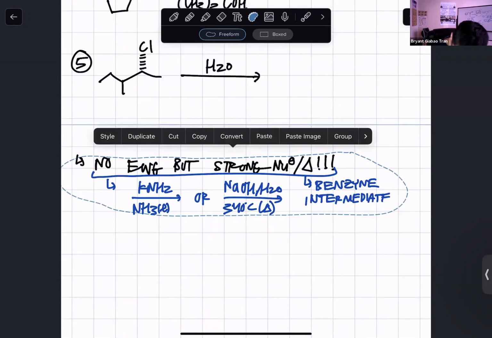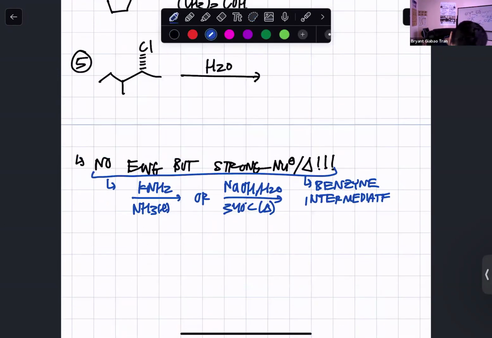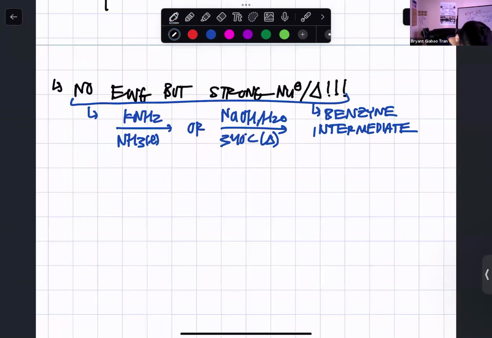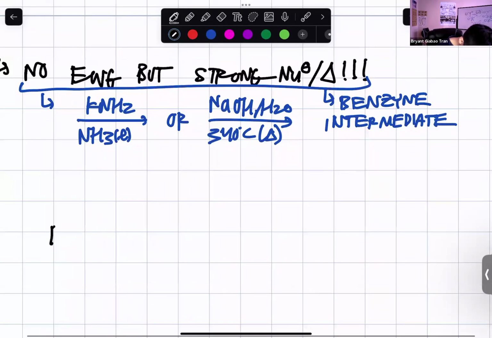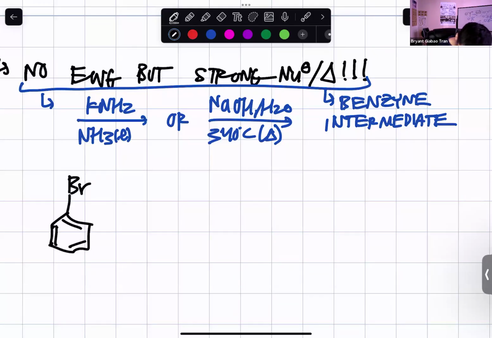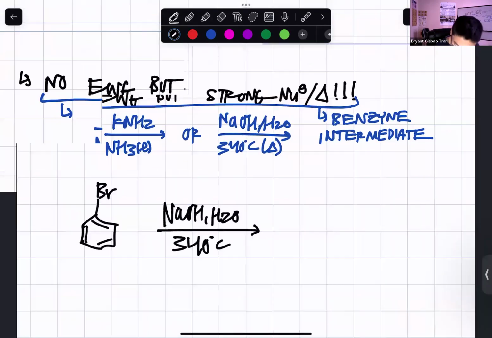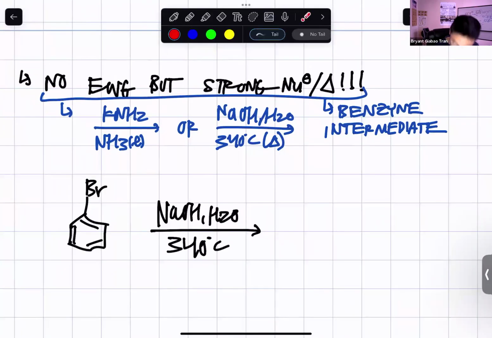So let's say we have this benzene here, and we just have a bromine, no EWG attached to it. If I were to react this with NaOH, water, and some crazy high heat, like 340 degrees Celsius, there would be a reaction here, even though there are no EWGs attached to it.